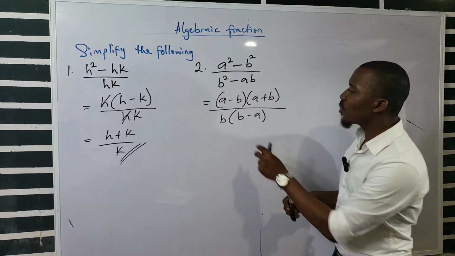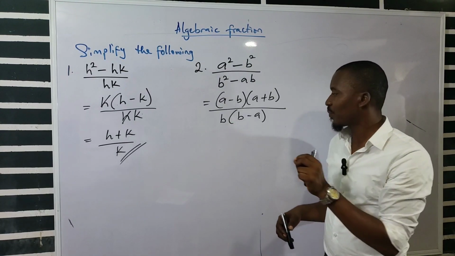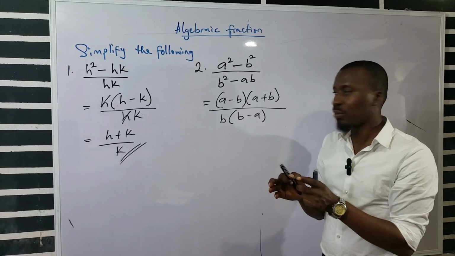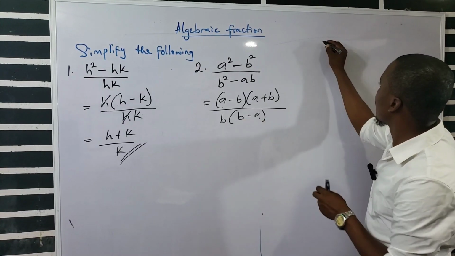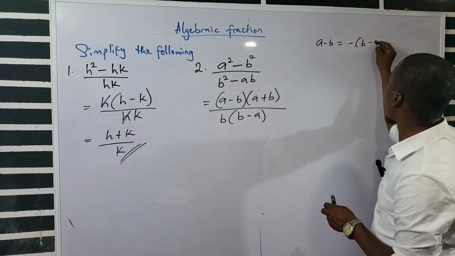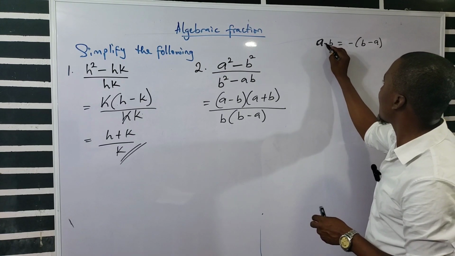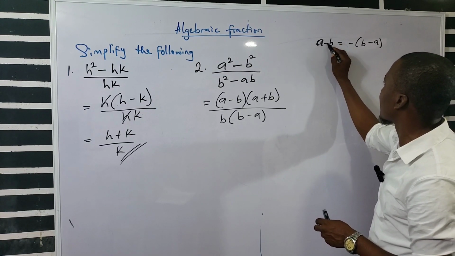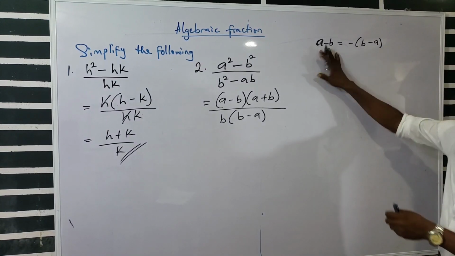Now there's nothing you can divide for now until you do a little bit of mathematical manipulation. Remember what we said, that when you have a minus b, that will give you minus b minus a. So what does that mean? Whenever you have a number minus another number, you can factor minus out and it will just interchange.